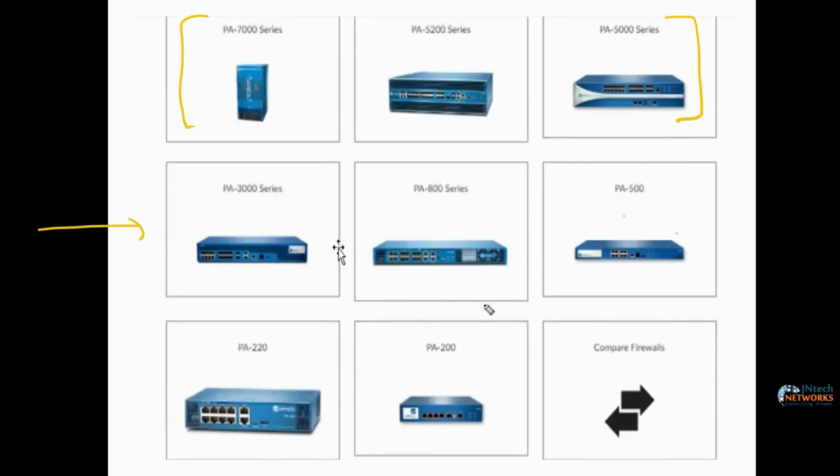If you go and check on the Palo Alto website, you can get other series also. Right now in my slide, I have some examples. So PA3000, 800, 500, you can use for a medium-sized network, and for a small organization, you can go with the PA200 series of the firewall box, like PA200 or PA220.